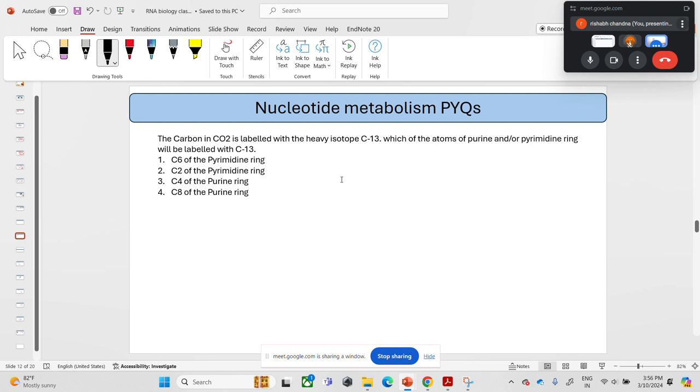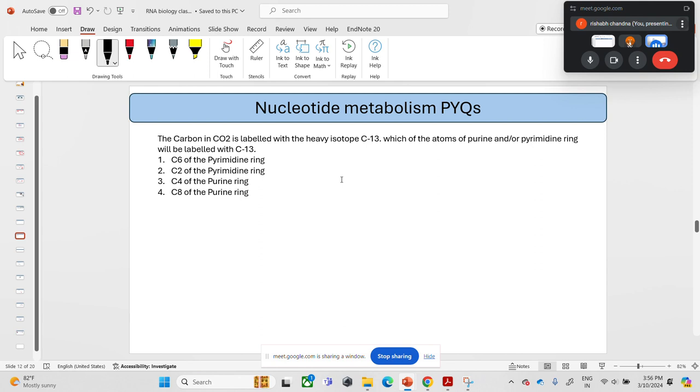So the carbon in CO2 is labeled with the heavy isotope C13. So which of the atoms of the purine and pyrimidine ring will be labeled with C13? C6 of the pyrimidine ring, C2 of the pyrimidine ring, C4 of the purine ring, or C8 of the purine ring?